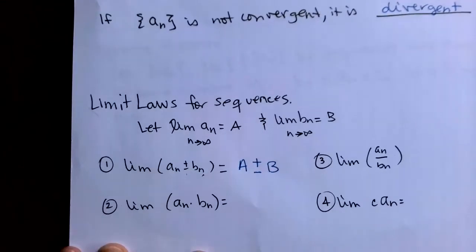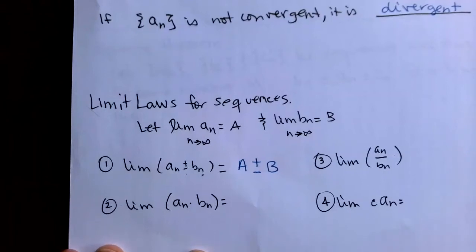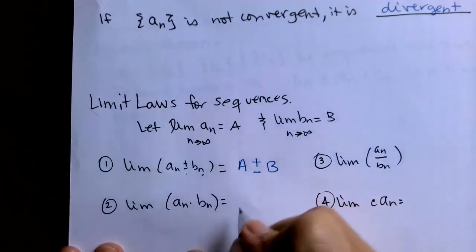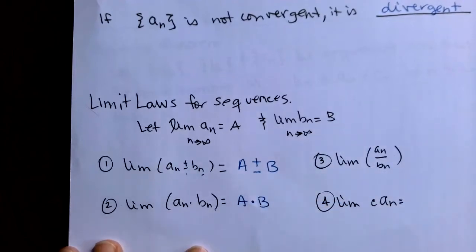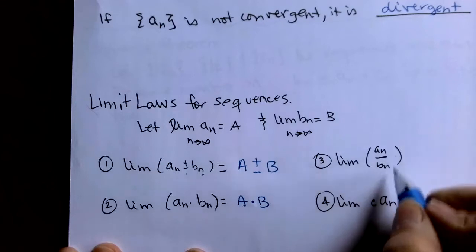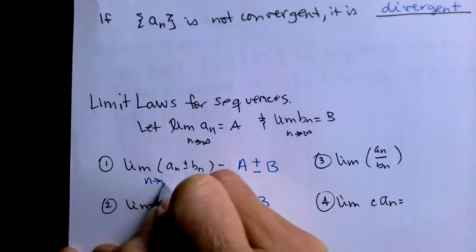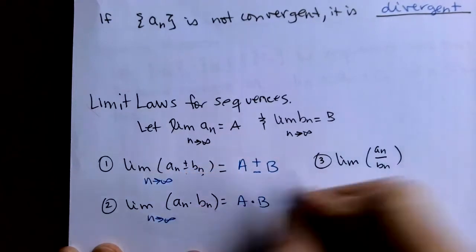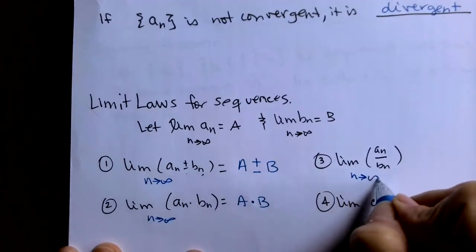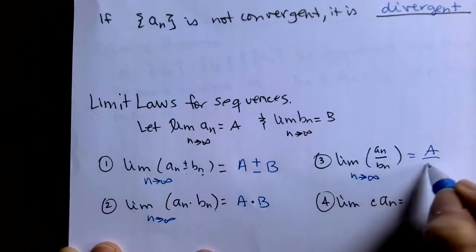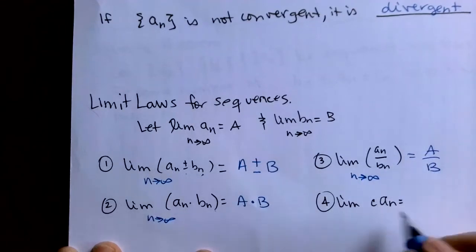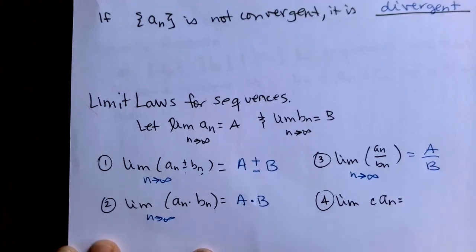This is where limits are different than some other things: it works for products and quotients. So the limit of a product of two sequences is the product of the limits, so A times B. The limit of a quotient, as n goes to infinity, is A over B. And then c is just our constant multiple coefficient.